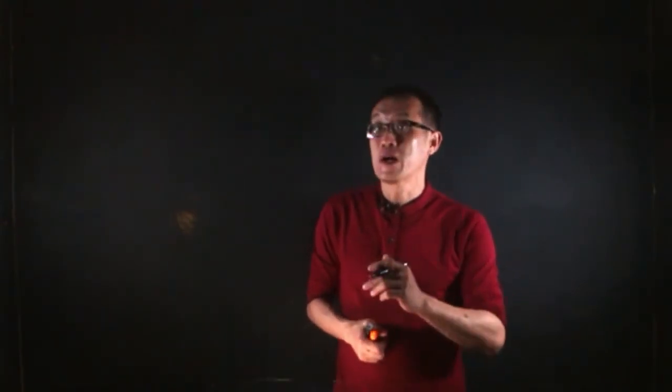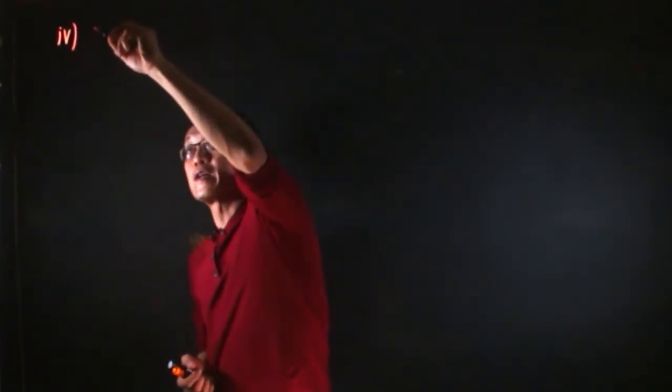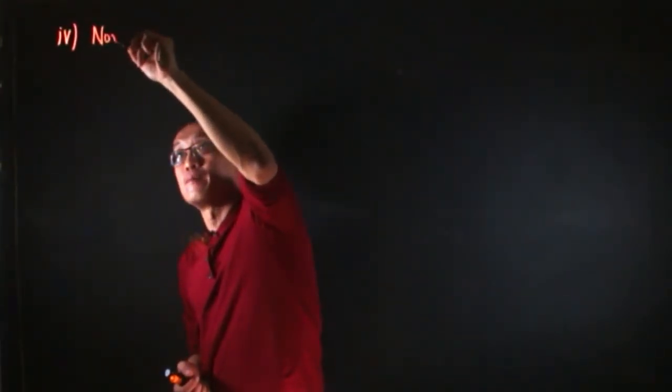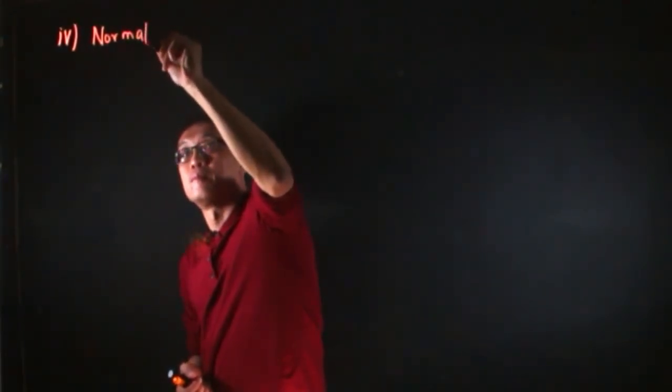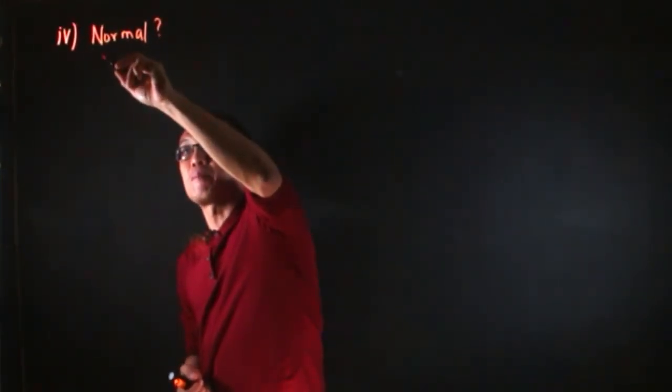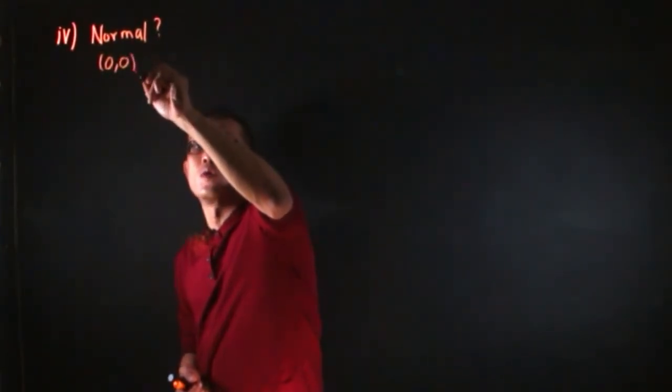Okay, now we have come to part 5 of the question. Part 5, they ask you to find the equation of the normal at point 0, 0.